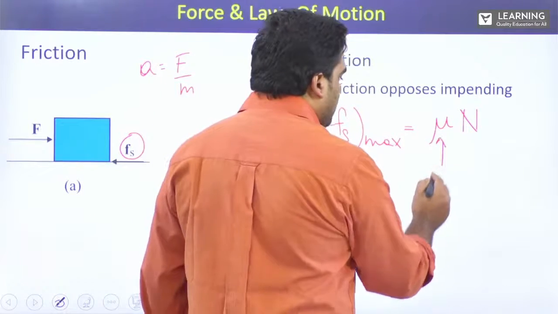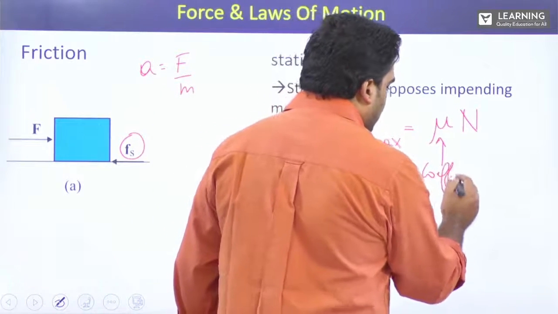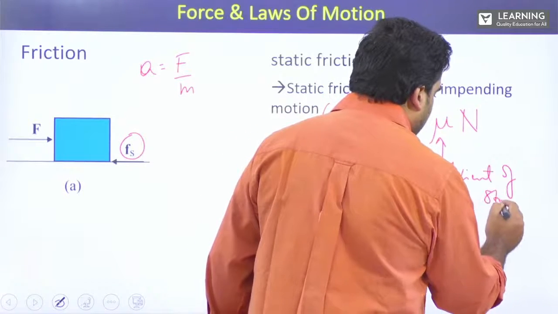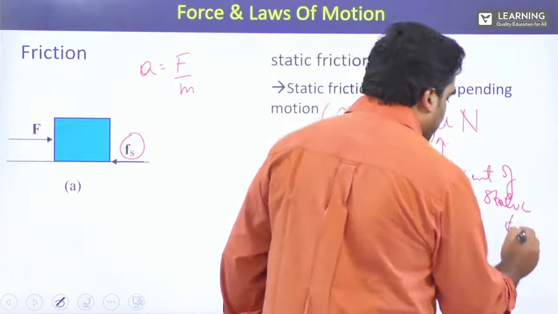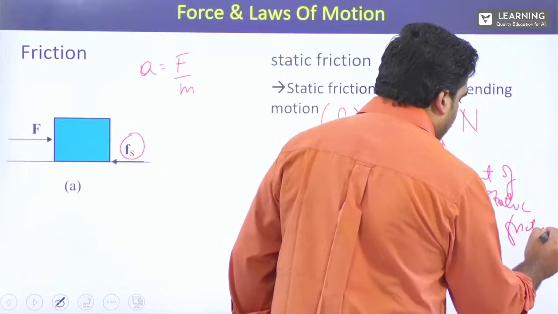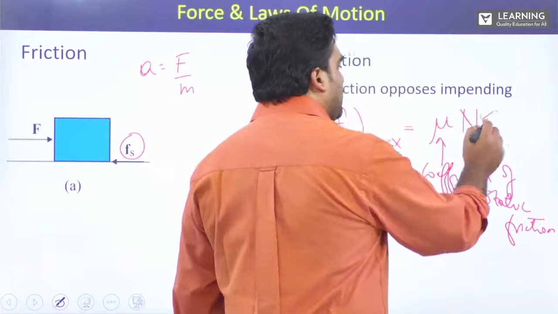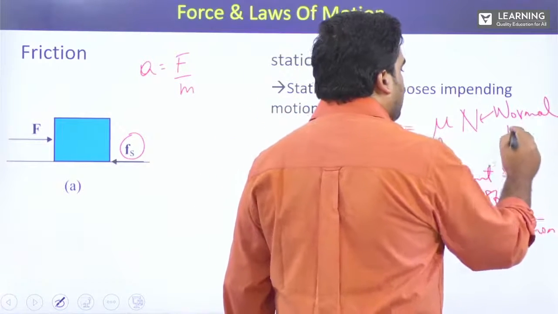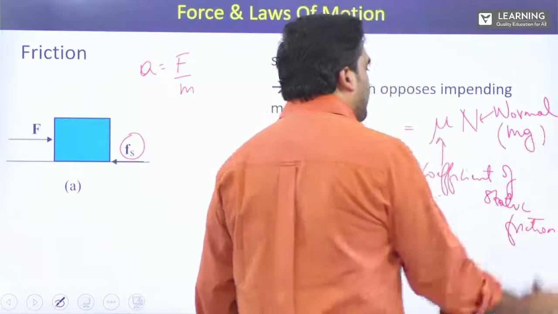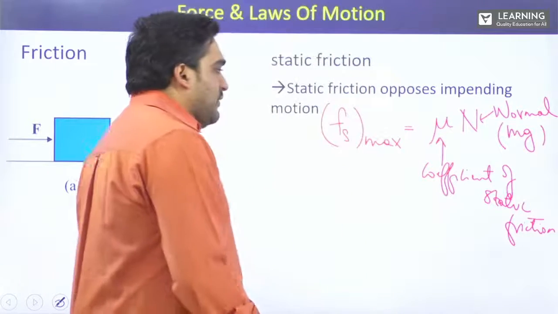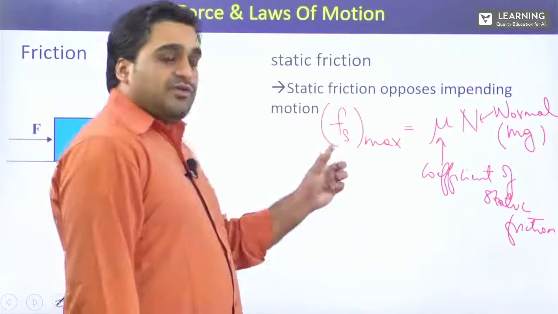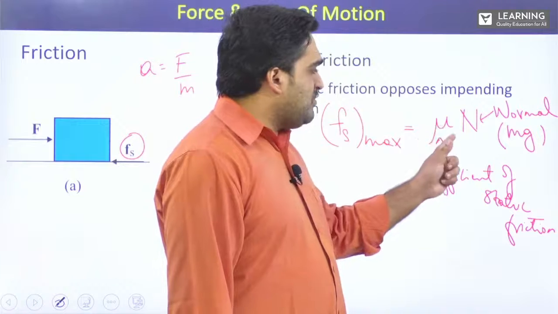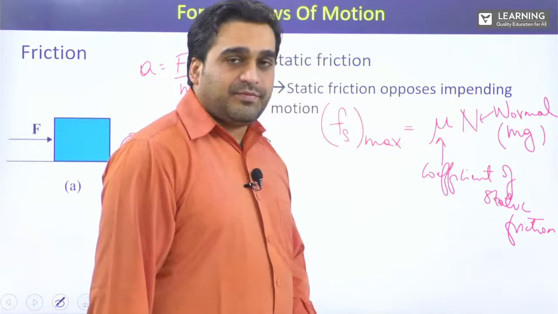This mu is what is called the coefficient of static friction. N, as we know, is called the normal, where normal is defined as m times g. So maximum static friction is equal to mu times N.